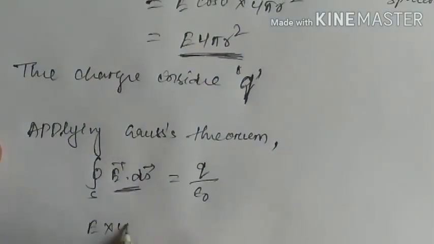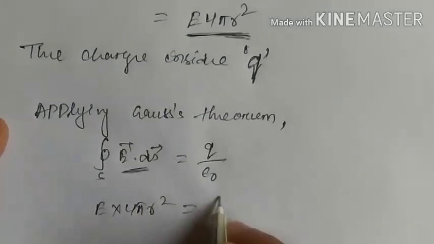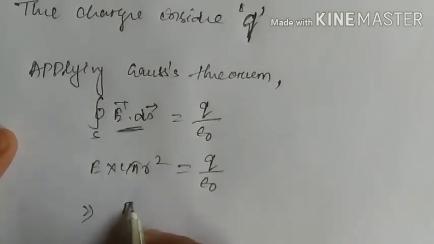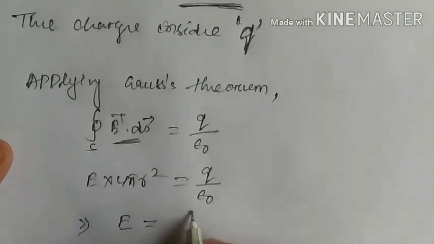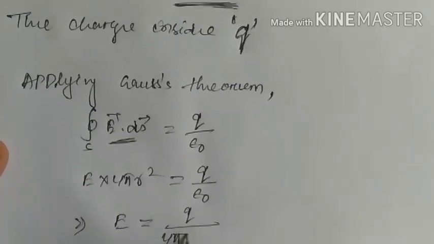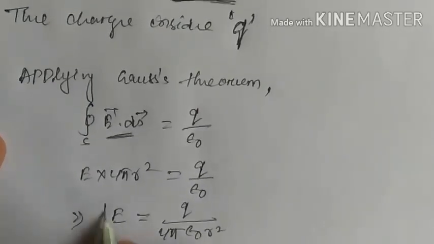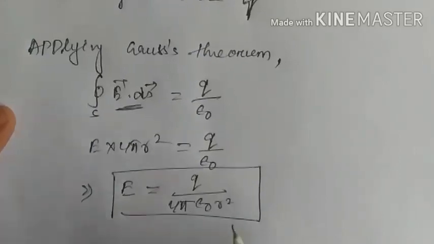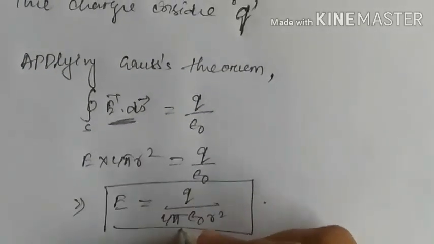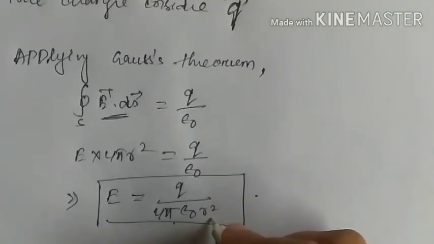So E into 4 pi r square is equal to Q by epsilon naught. Or E is equal to then what? Q by 4 pi epsilon naught r square. So electric field due to point charge is equal to Q by 4 pi epsilon naught r square.